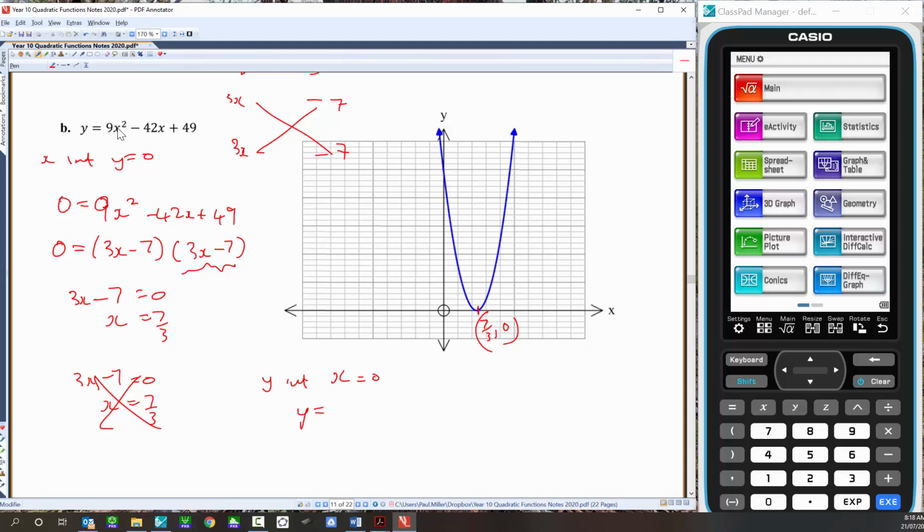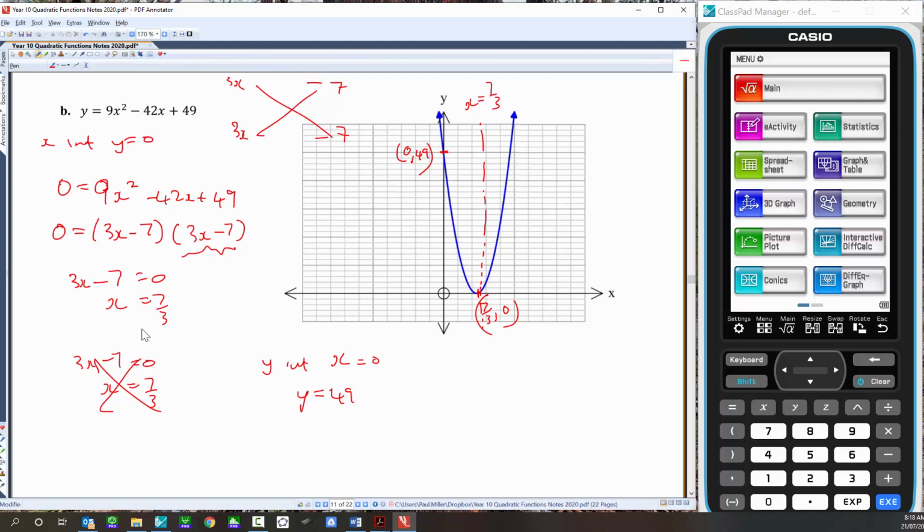When I substitute that in, we're left with 49. So up here is the y-intercept, which when x is equal to 0, the y value is 49. The axis of symmetry is along this line here, and that will be along the line x is equal to 7 on 3.